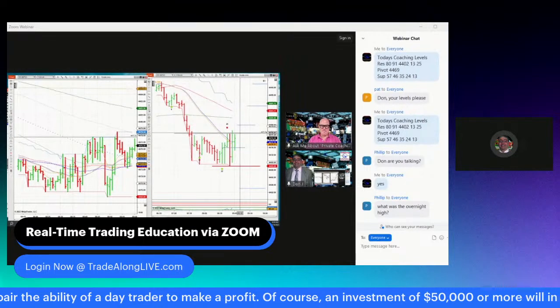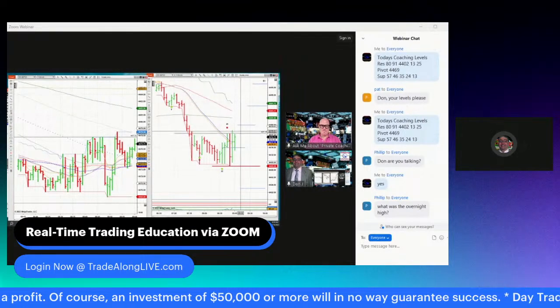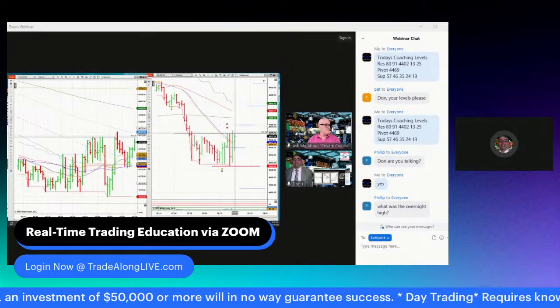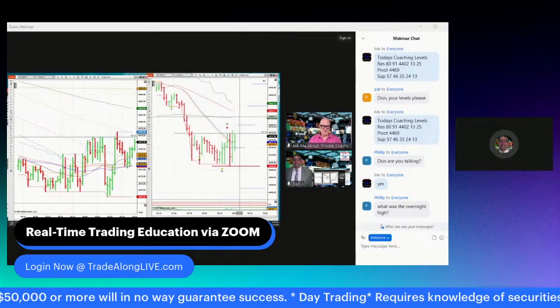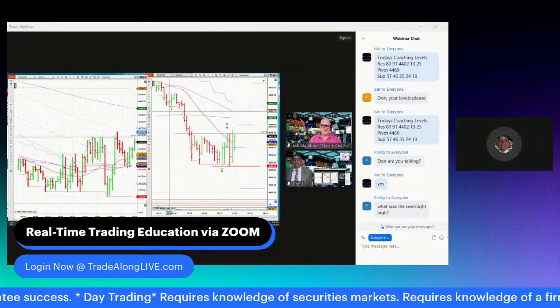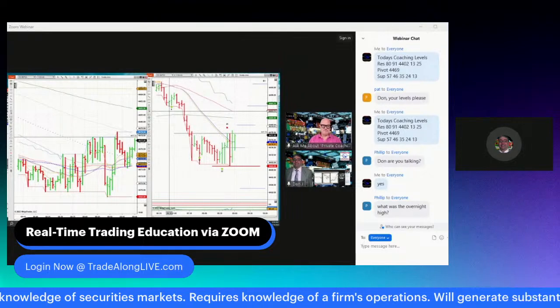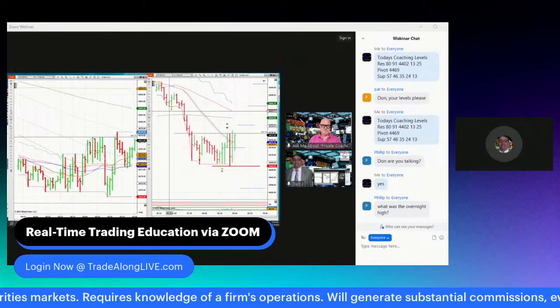This area right in here is going to be the telltale. It's either going to stop right here and reverse, or it's going to take off with a vengeance, I would think. Or it can just sit here and go sideways.